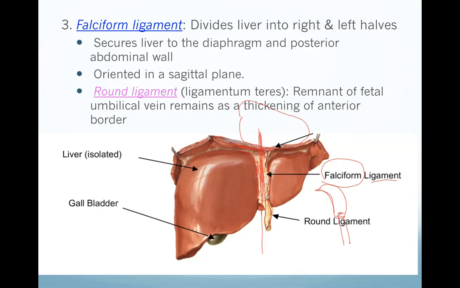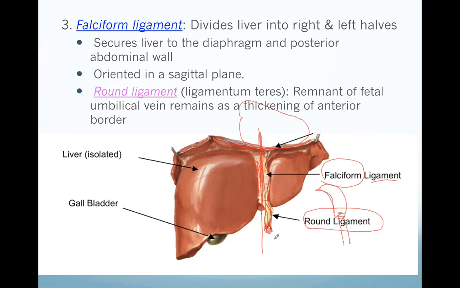This thick connective tissue here, this is the falciform ligament, runs perpendicular relative to the diaphragm and helps to secure this very heavy organ to the undersurface of the diaphragm. This thickened bottom edge of the falciform ligament is actually called the round ligament because it is round.